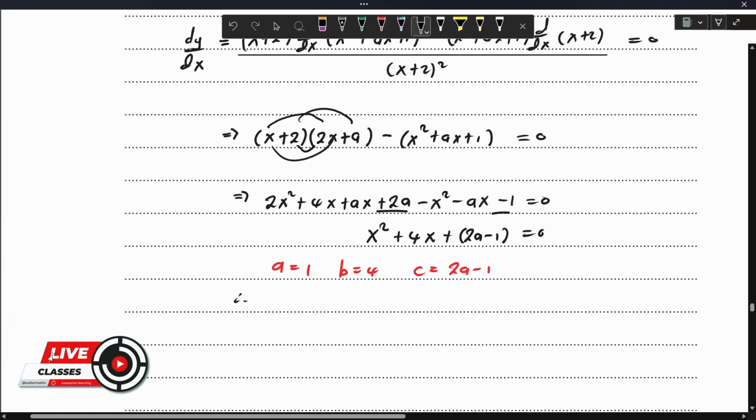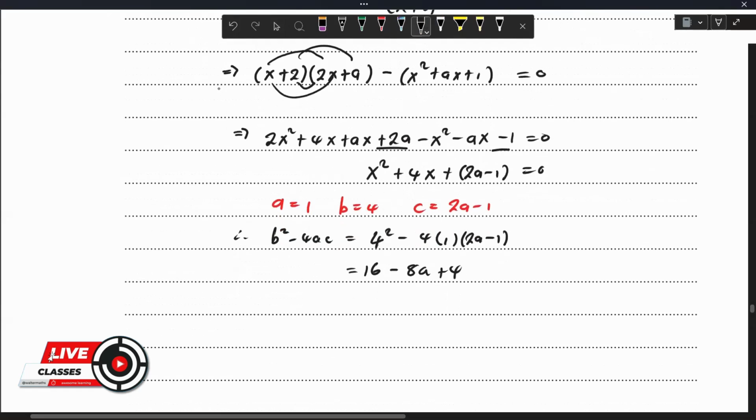So therefore, b squared minus 4ac is 4 squared minus 4 times 1 times (2a minus 1), which is 16 minus 8a plus 4, which essentially is 20 minus 8a. So 20 minus 8a is what we are getting.